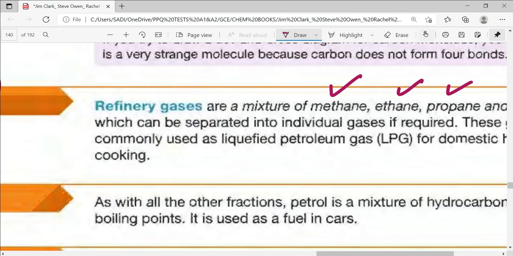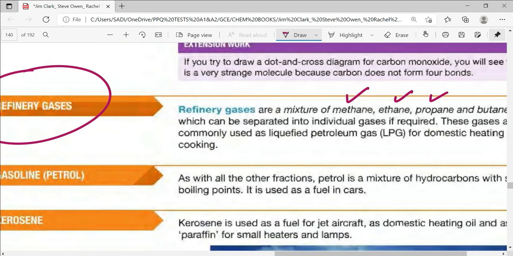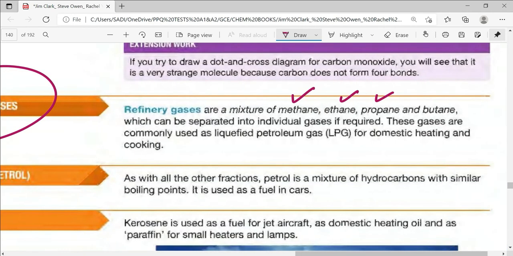and even butane is in it. Now the gas cylinder which is provided to your homes is full of these gases and we are using that in our kitchens. These are commonly used as liquid petroleum gas, or LPG, for domestic heating and cooking purposes.